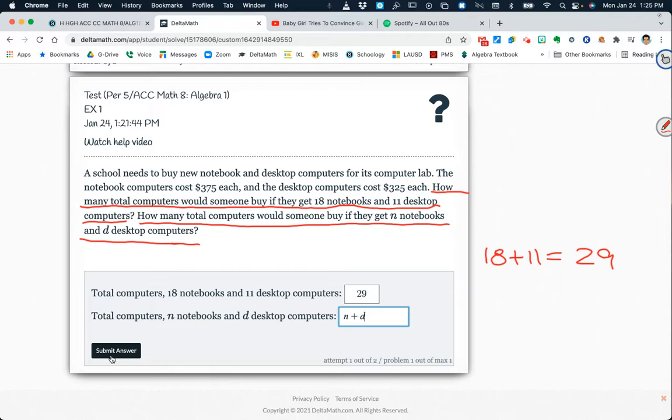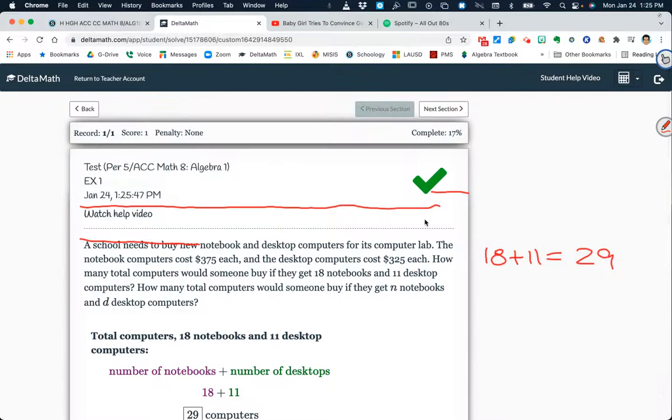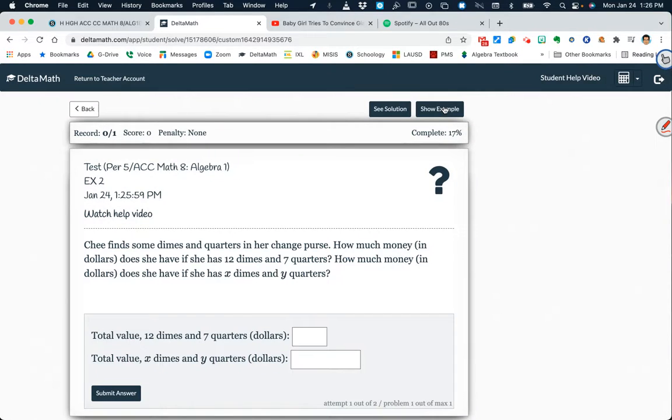So 29 is 18 plus 11, and when they give us variables to represent those quantities, it's N plus D. Okay, so that asked us how many. Let's go on to the second example, example 2.